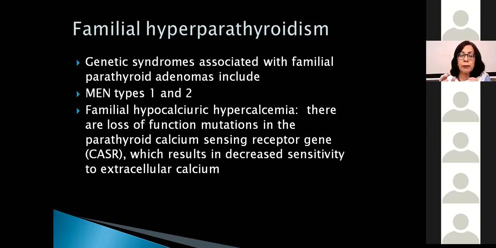So the parathyroid thinks that there is low calcium and starts producing more parathyroid hormone. There is decreased sensitivity to extracellular calcium; whatever extracellular calcium is there, it is not recognized. The parathyroid gland thinks calcium levels are low and hypersecretes parathyroid hormone, which leads to hypercalcemia.